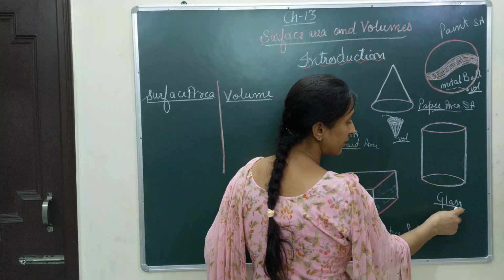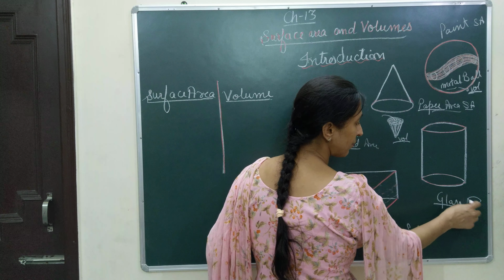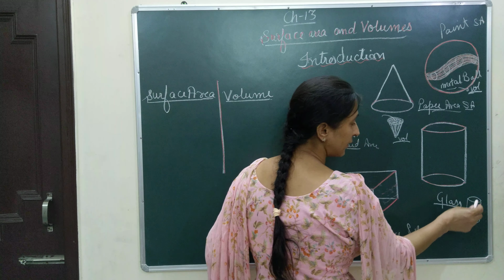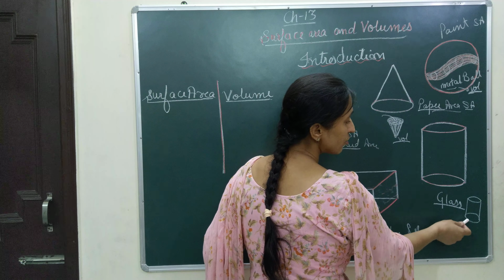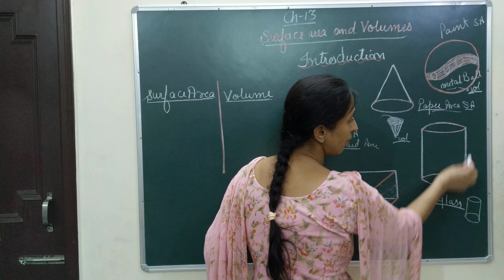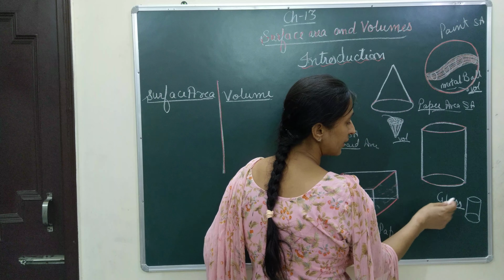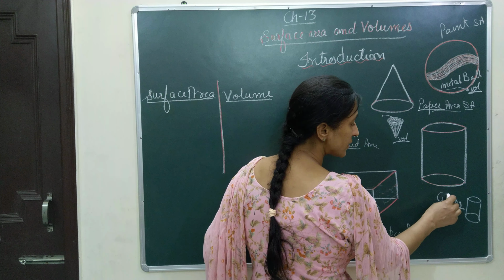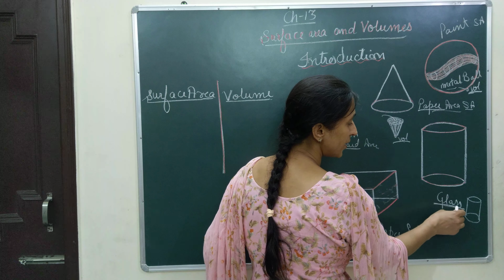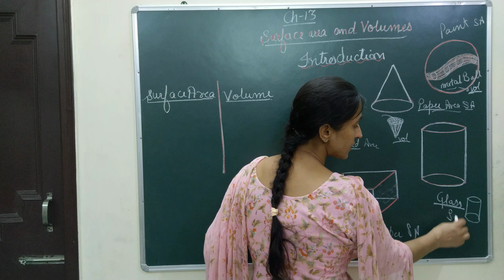It is made with glass, or plastic, or some other material. It is a metal glass, suppose. So you are going to use that metal only on its boundaries, you are not going to fill it inside. So what is the amount of glass used in making such a cylindrical shape? Then you will be finding surface area.